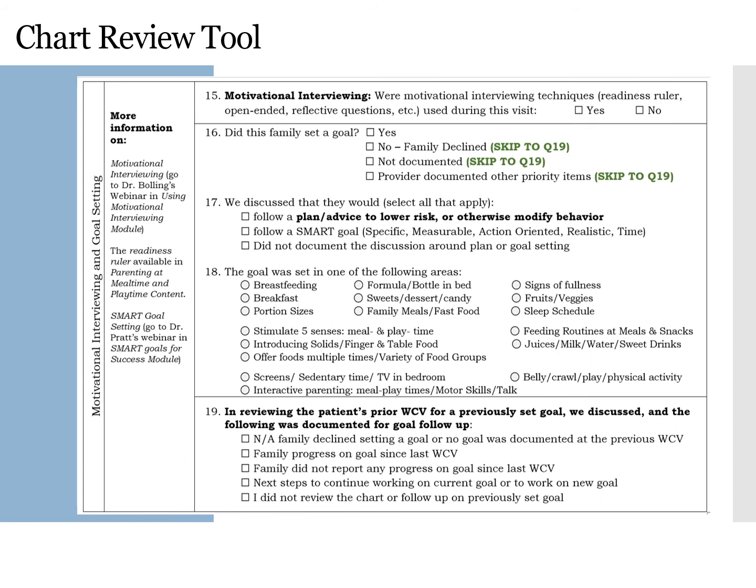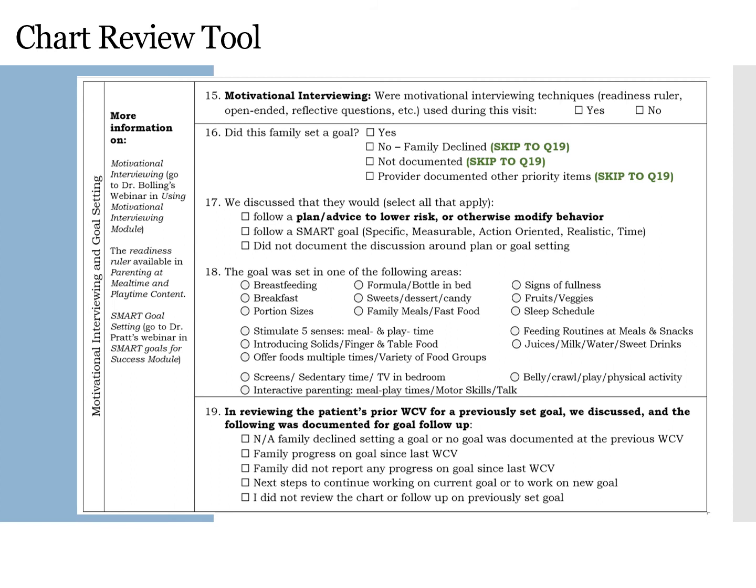There are several options you can select here. You can select NA, the family declined setting a goal, or you didn't find documentation of a goal being set at the previous well-child visit. Or you found a goal and the next boxes look at you talked about the family's progress on the goal since the last well-child visit. The family didn't report any progress on the goal since the last well-child visit.